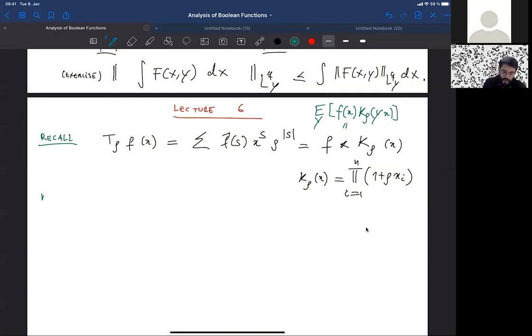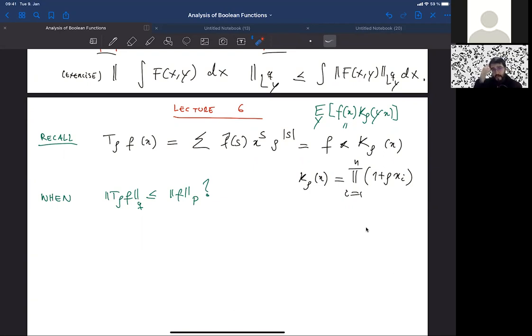Okay, so we want to know the boundedness. We want to know when such an inequality holds with constant 1. We saw that if we put any constant, then it holds, actually with constant 1.